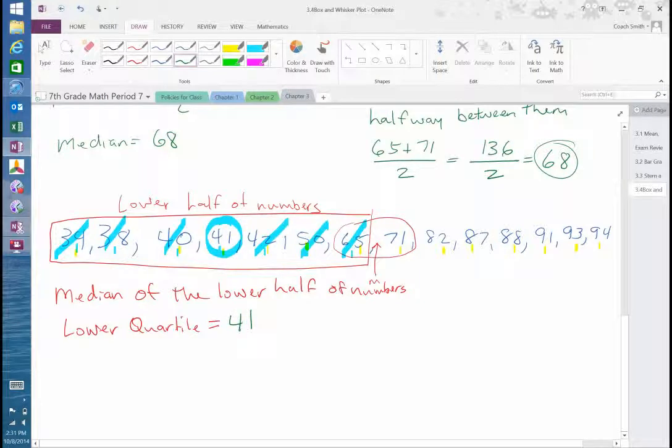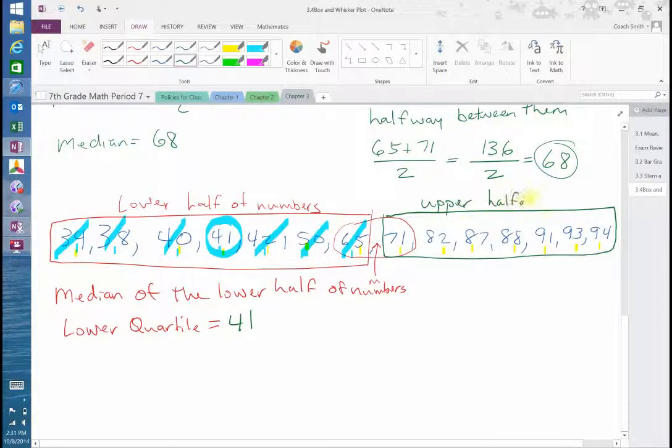Okay? The upper quartile, this is the upper half of numbers. So I have to find the median of the upper half of numbers.